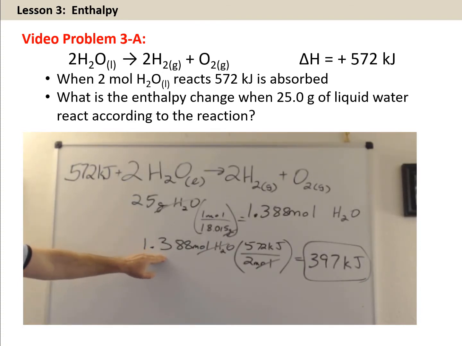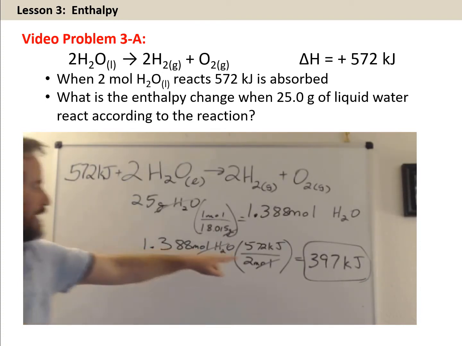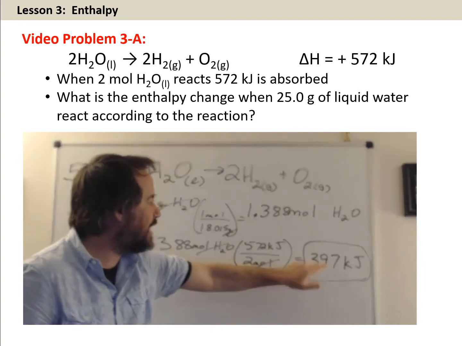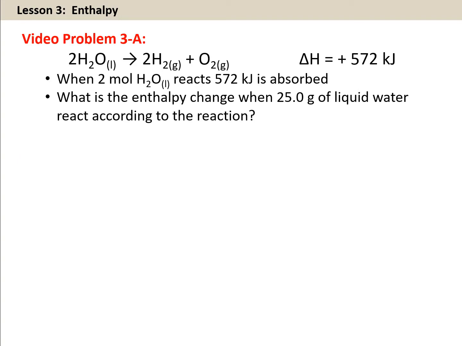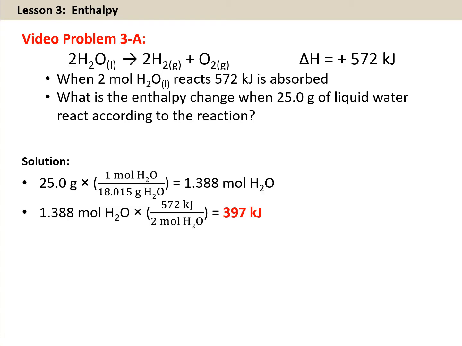Notice that 1.388 is less than 2, so it makes sense that I have less than that 572 kilojoules. Let's go over this one more time. Here is my solution: 25 grams to moles, and then I use stoichiometry to figure out 397 kilojoules.